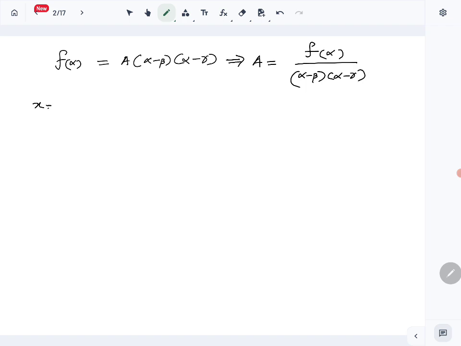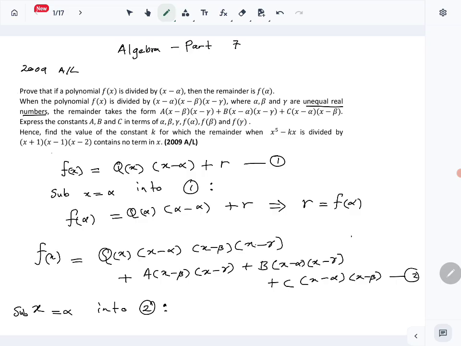Right, now you can do x equals beta. Sub x equals beta into equation 2. So you will get what? f(beta) equals to what? When I substitute x equals beta, the first term becomes 0 because beta minus beta is 0. The second term also becomes 0 because beta minus beta is 0.